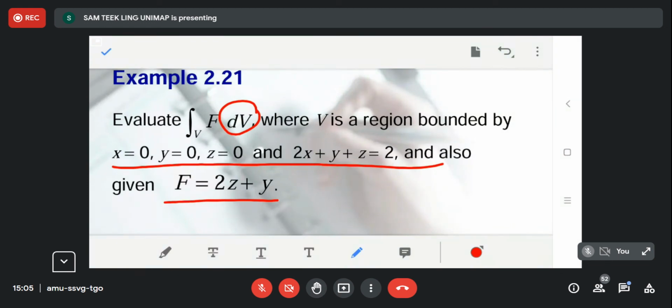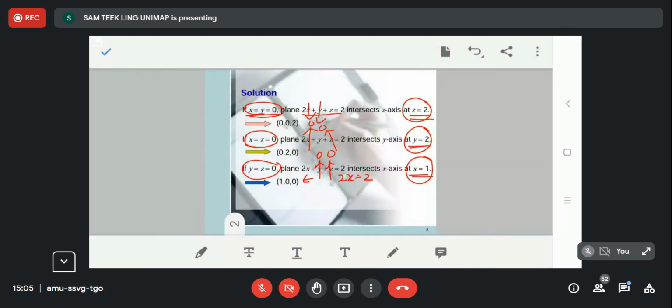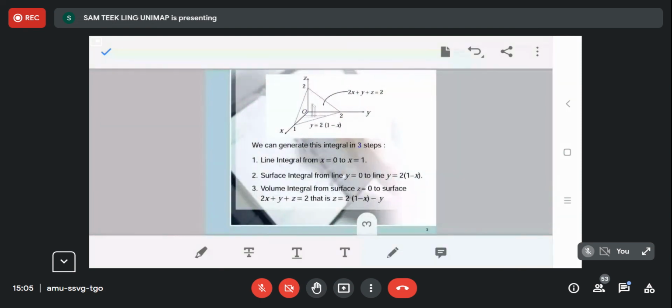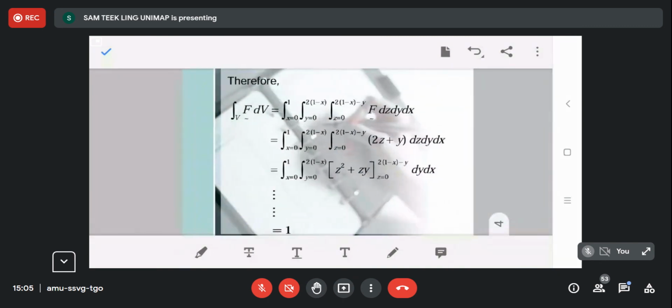They already give you F. So you sketch, we find out the points, then we sketch.